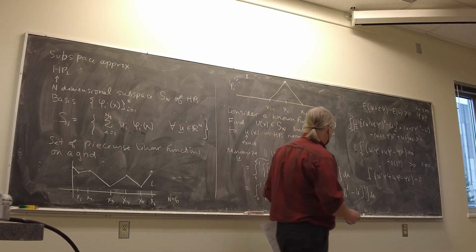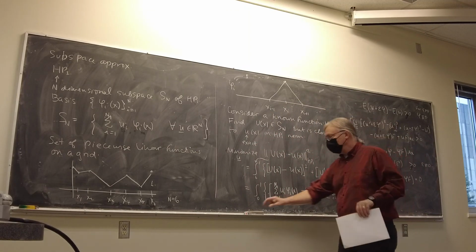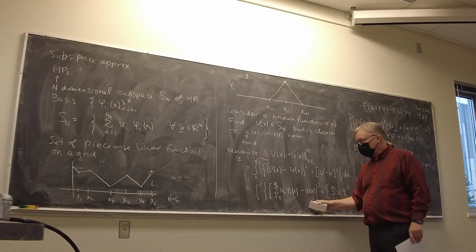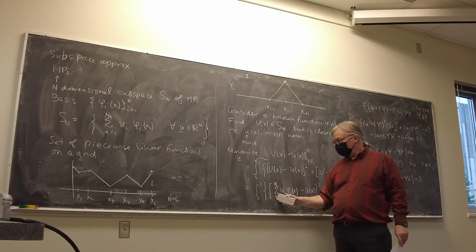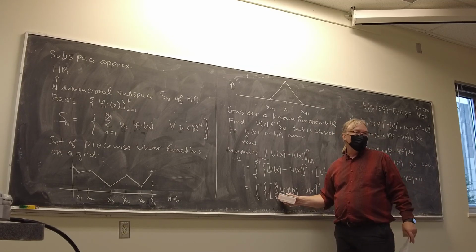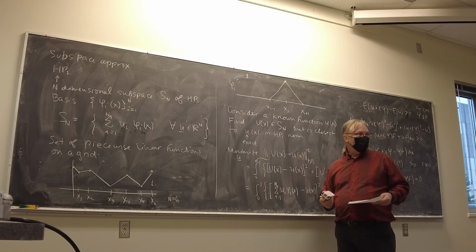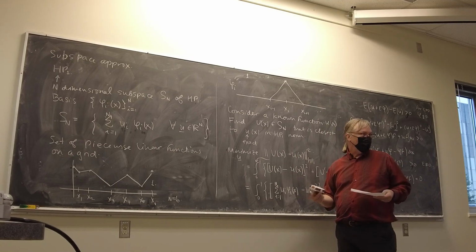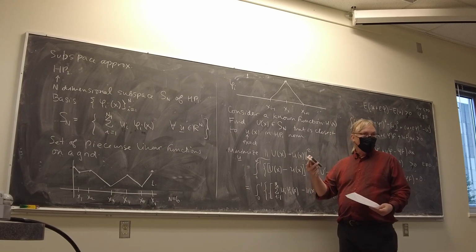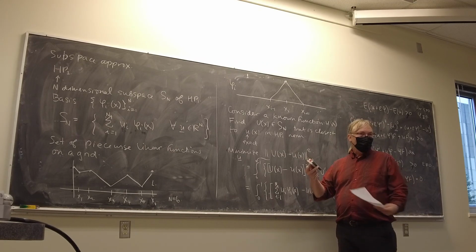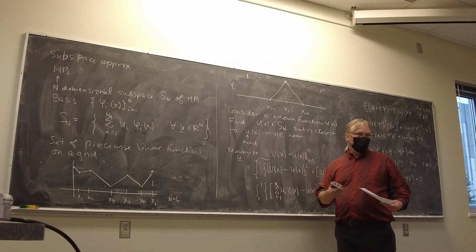And how you do that, which we'll do next time, is you take the partial derivatives with respect to u_i and set them all to 0. This is a quadratic function. It's got a minimum. How do you know where the minimum is? It's where all the partial derivatives are 0, because if they were positive or negative, you could change that variable to make the thing bigger or smaller.